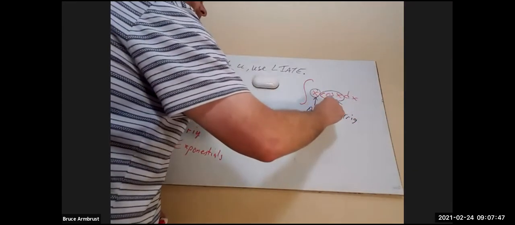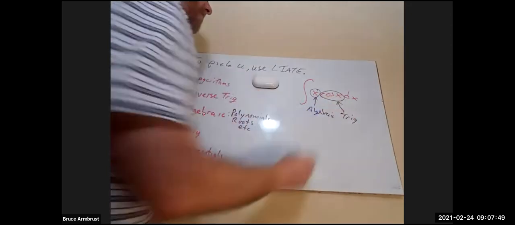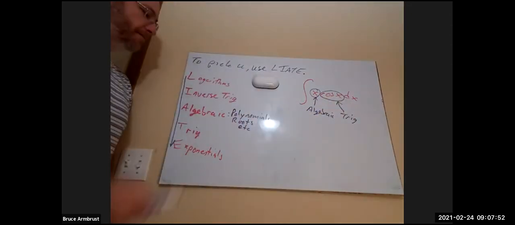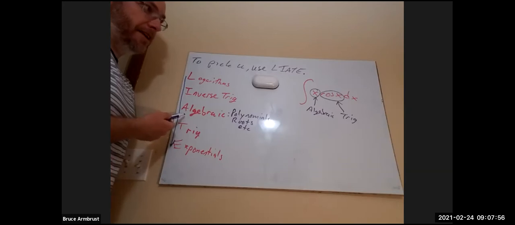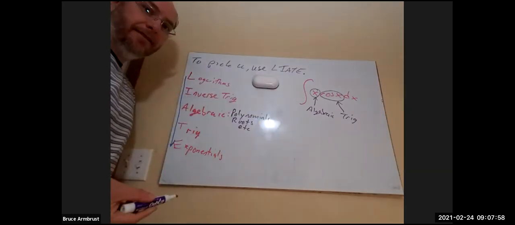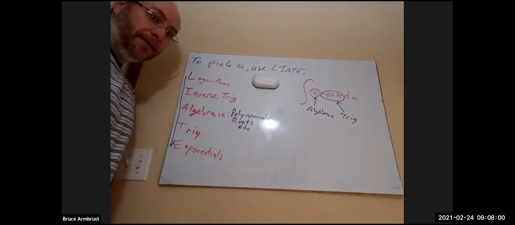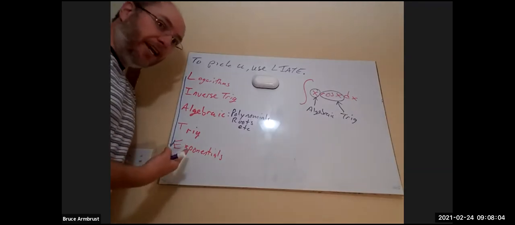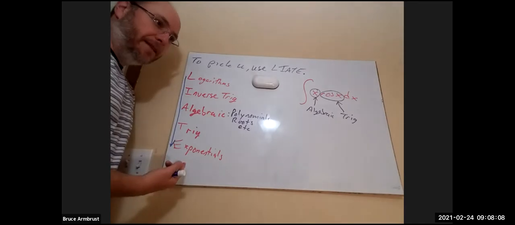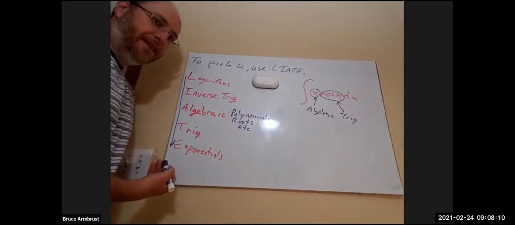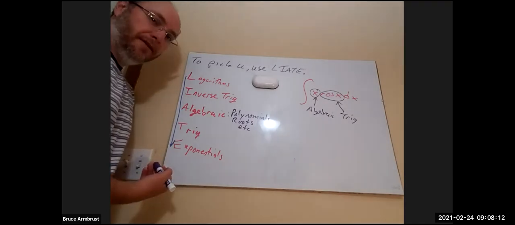X is an algebraic function. So if we look at our list, the one that is ranked highest is our algebraic, the x. And so that's what we picked, and you saw that it worked out pretty well. So this isn't 100% always will work, but 90% of the time it's going to work.